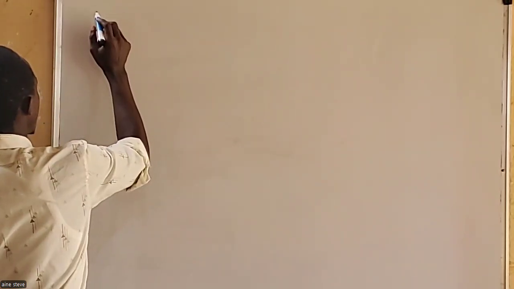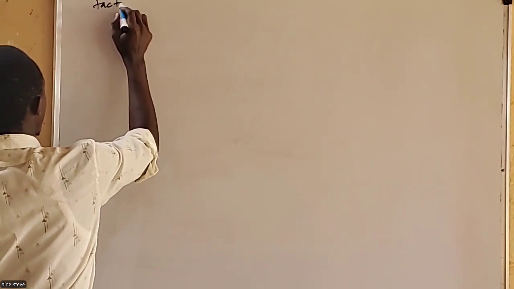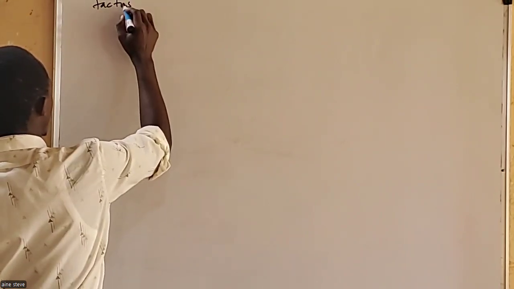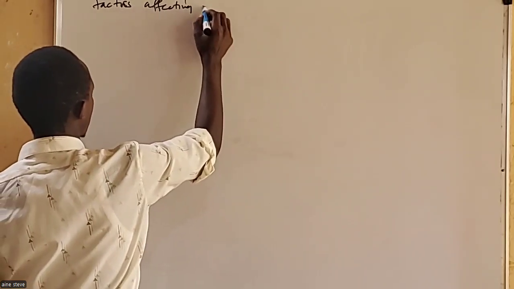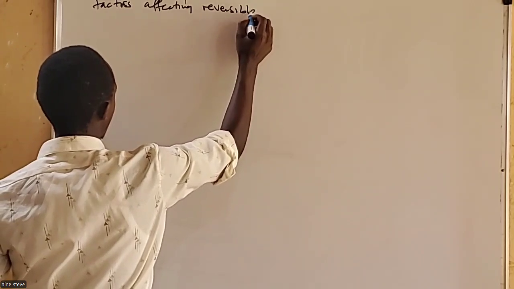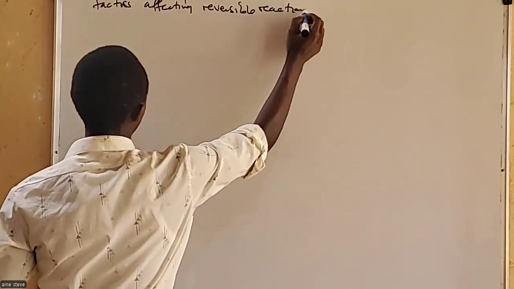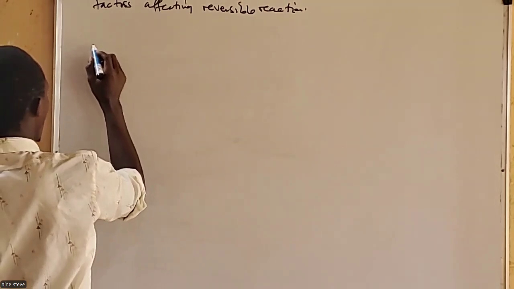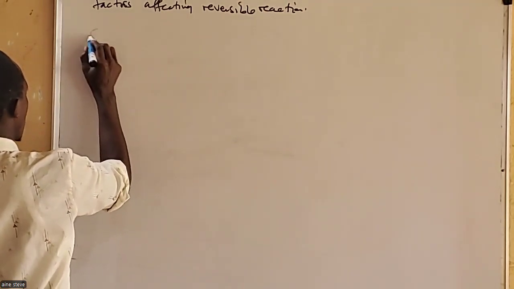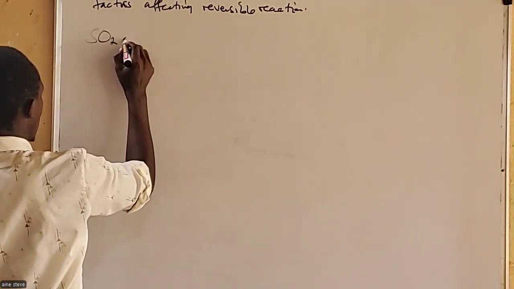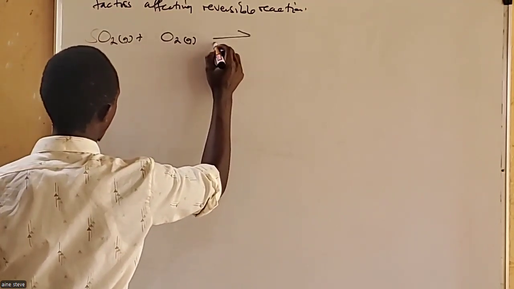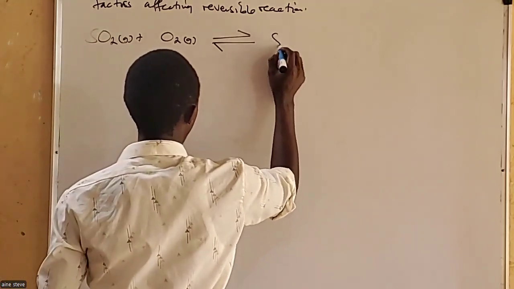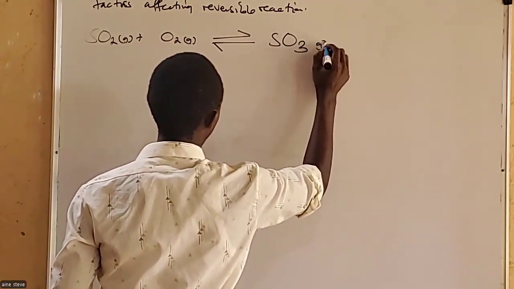Okay. So as we proceed, when you are looking at factors affecting reversible reaction, take for instance, if you have an equation, sulfur dioxide gas reacting with oxygen is giving us sulfur trioxide gas.